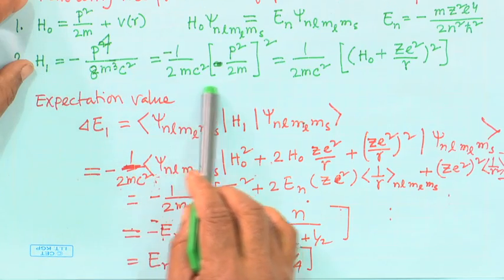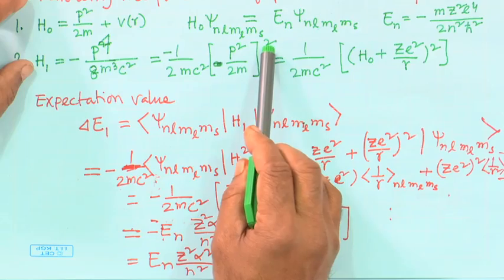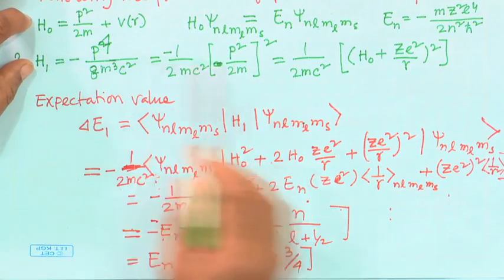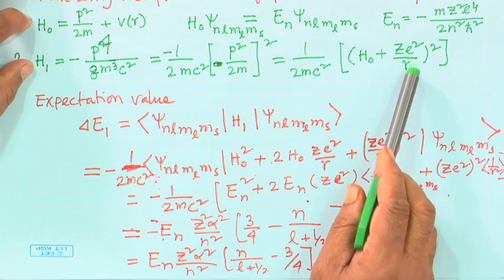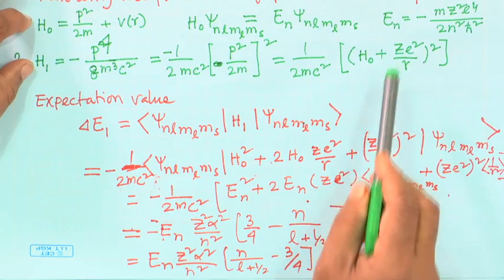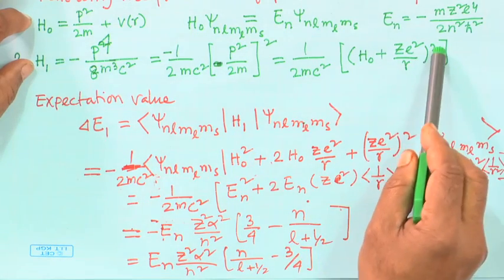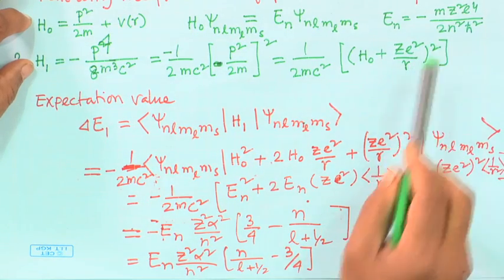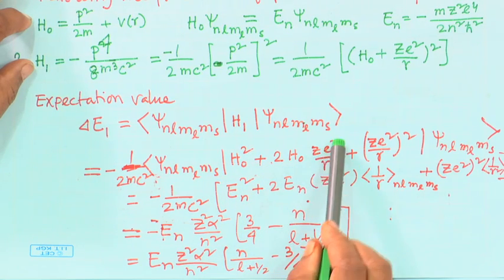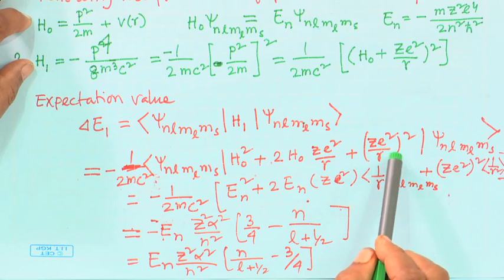H1 one can write in this form, basically minus p square by 2m, from here you can see H0 plus z e square by r, and this whole thing is squared. Now, if you put H1 here and expand the square, it will be H0 square plus 2 H0 z e square by r plus z e square by r whole square.